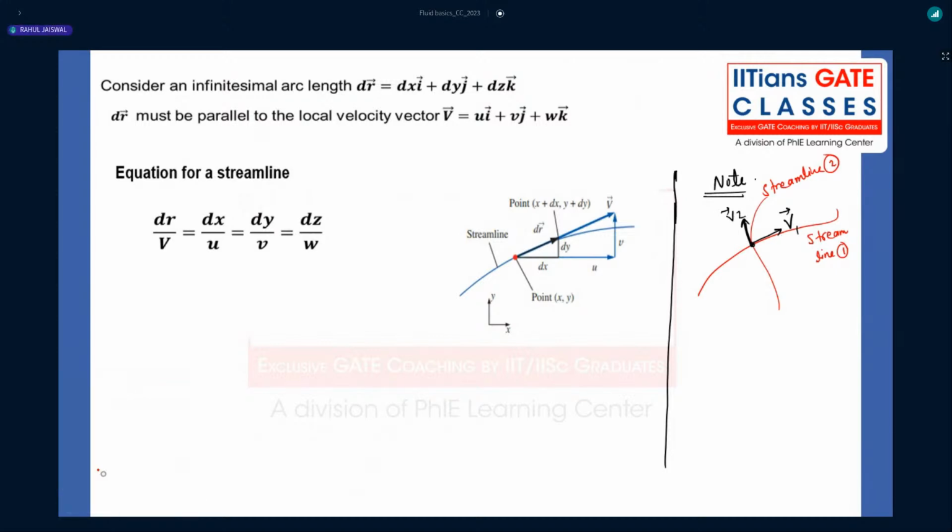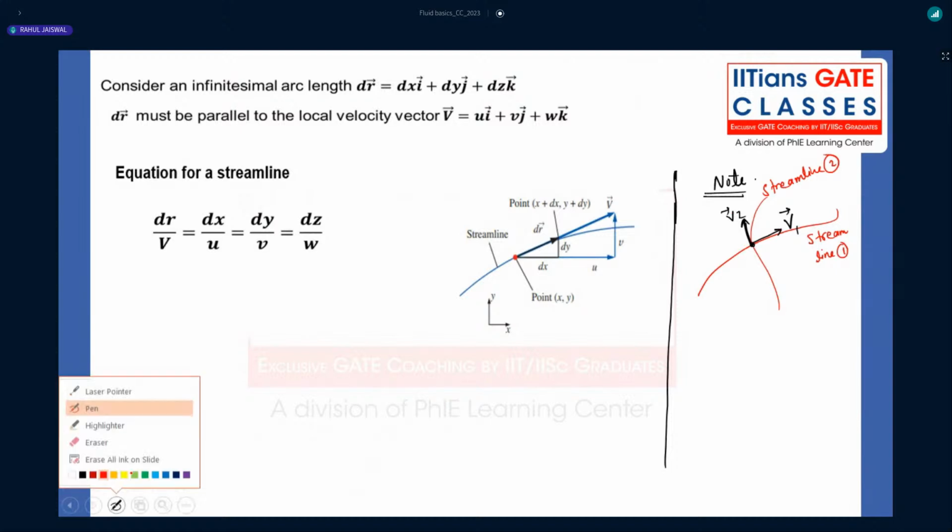Velocity is a vector quantity, right? It will have both magnitude and a single direction. When you say vector, it has a single magnitude and a single direction, but here it is not behaving like a vector, which means it has two different directions, right?